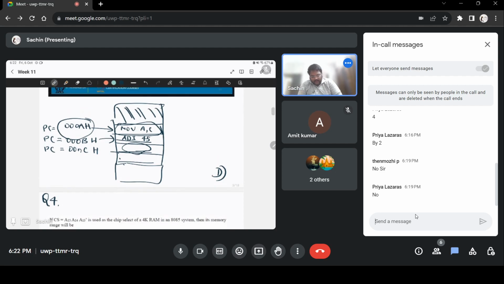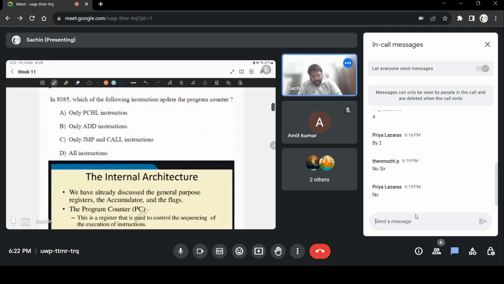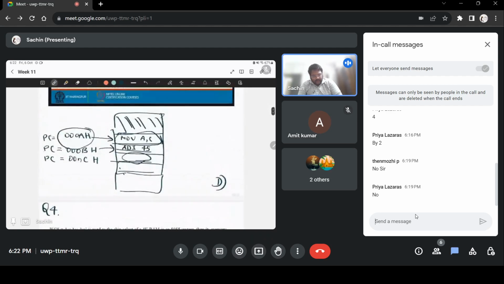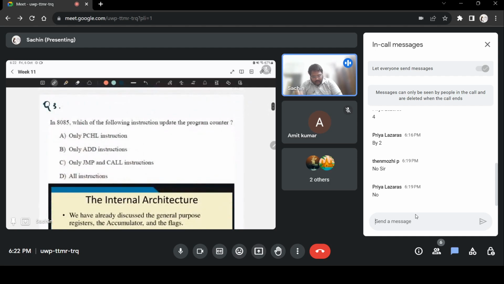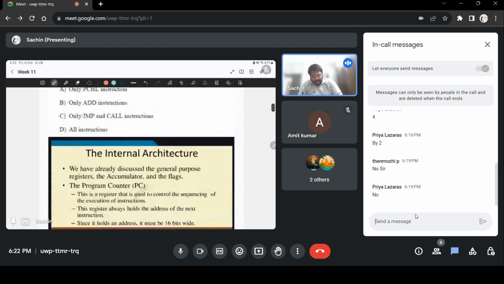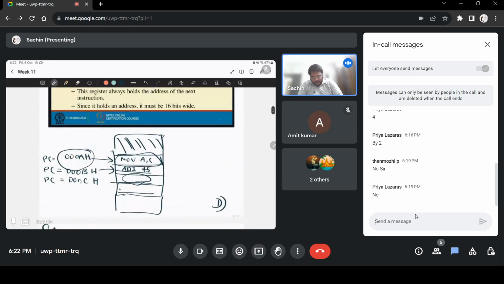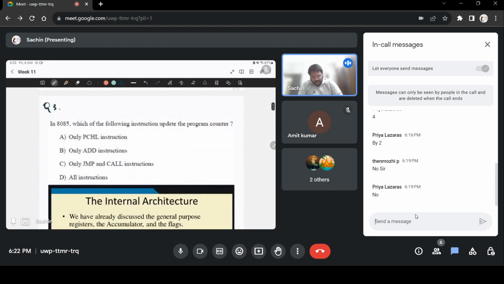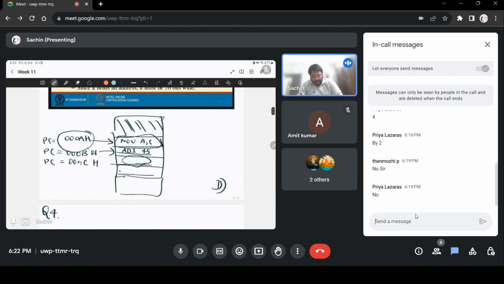Okay, so once every instruction is executed, the program counter has to increment by 1. So the program counter content is changed by all these instructions. PC add, jump, call, all instructions will change your program counter content.